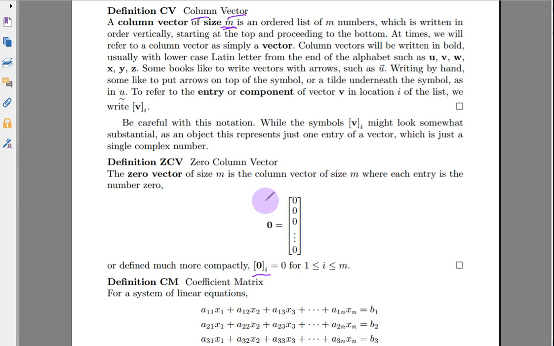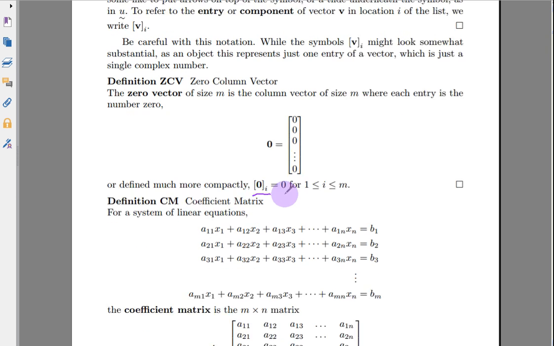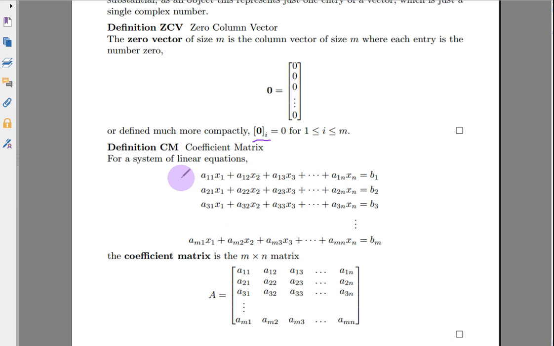All right, so how does this relate to systems of equations? Let's take some system of equations. Here's a system of m equations with n unknowns. Notice this goes a11 plus a12, etc. Second equation has a21, a22, etc. Third equation, so on down to the mth equation.